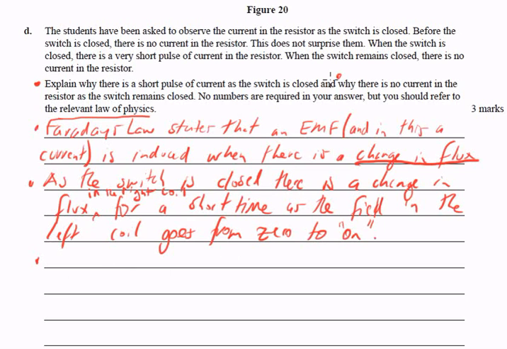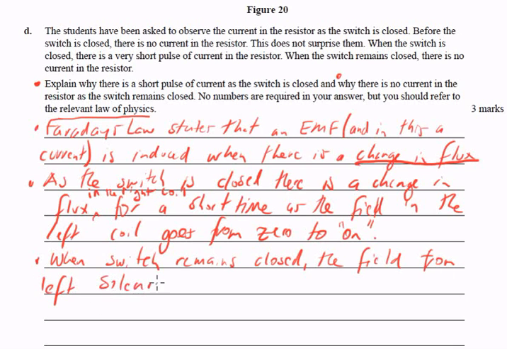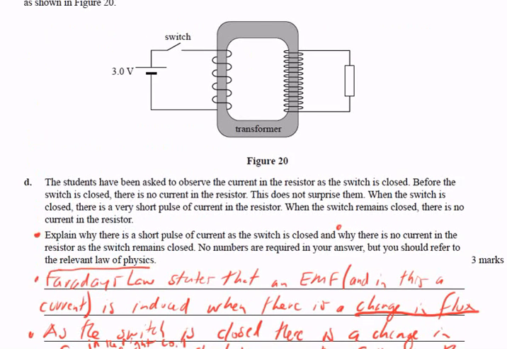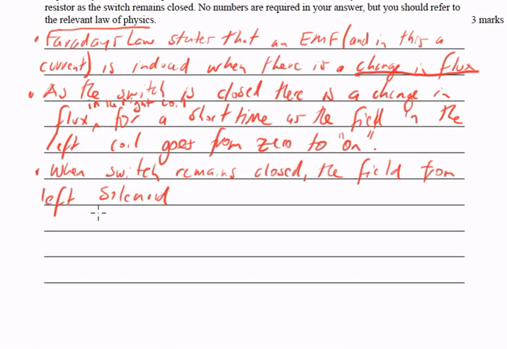Cool. And then we answer the second one: why is there no current as the switch remains closed? When the switch remains closed, the field from the left solenoid, the field from this one, which propagates through to the other one but is caused by the left solenoid, remains constant, it stays the same.